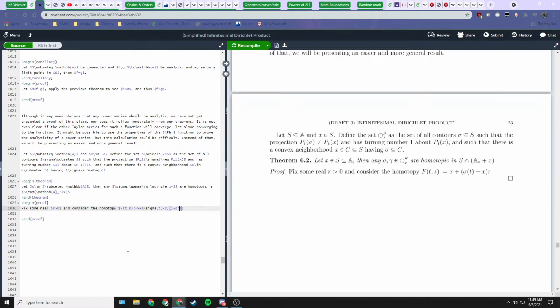And I think at the point 1, it will be r. Let me think on that. So actually we're going to say this r is in 0, 1. That's a little better.